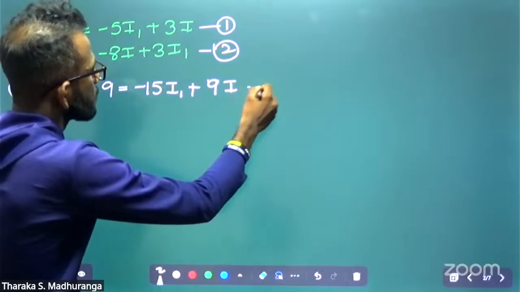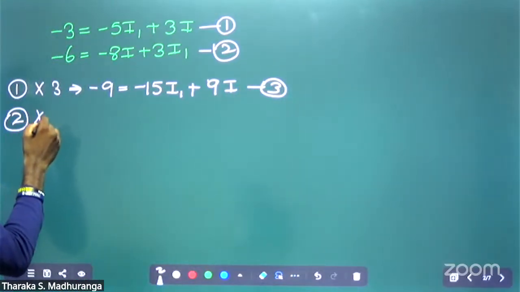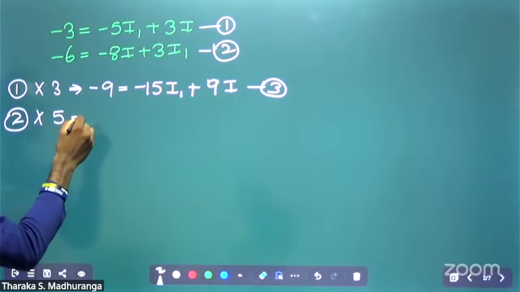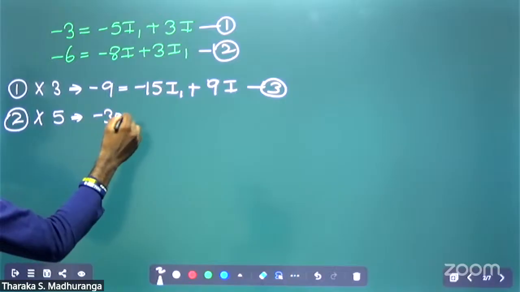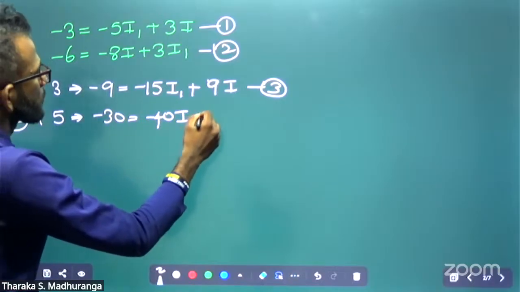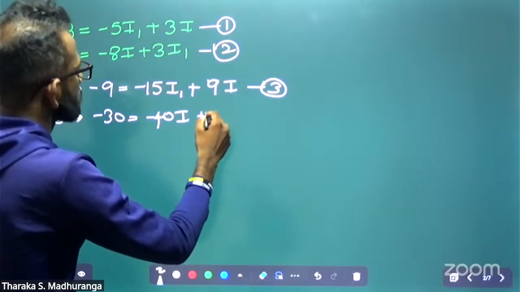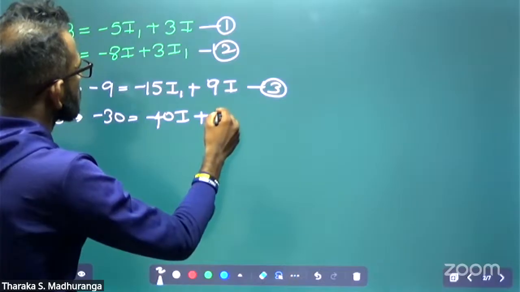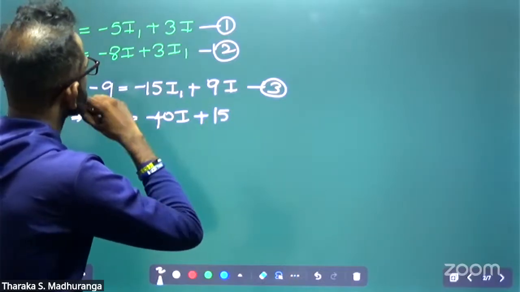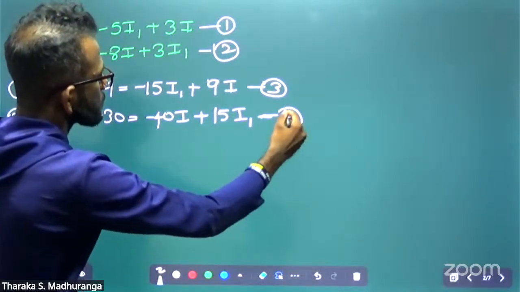This is my third equation. My second equation I multiply by 5: minus 30 equal minus 40I plus 15I1. This is my fourth equation.